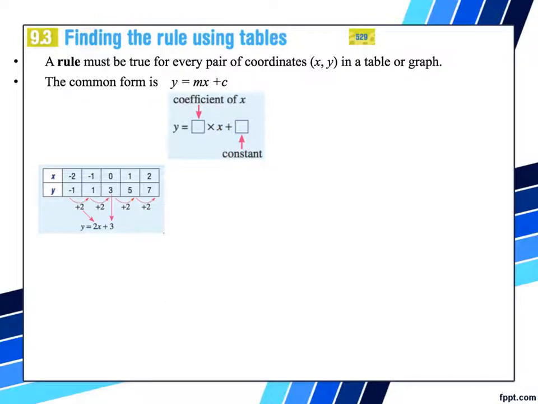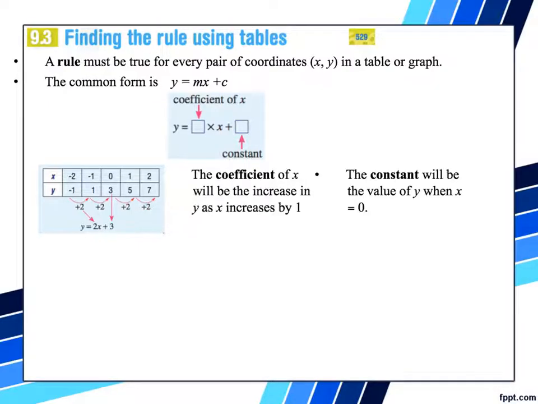So, it's a simple rule, and later on you'll understand why this works this way. If they give us a table, and they want us to find the equation from here, it's going to be pretty simple. The coefficient of x will be the increase in y as x increases by 1. Now that's a mouthful, but all it means is if I look at the x values, I have to make sure from minus 2 to minus 1 that there's an increase of 1 every time. In other words, there must be plus 1, plus 1, plus 1.